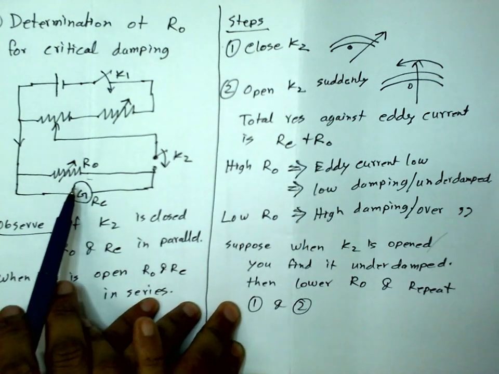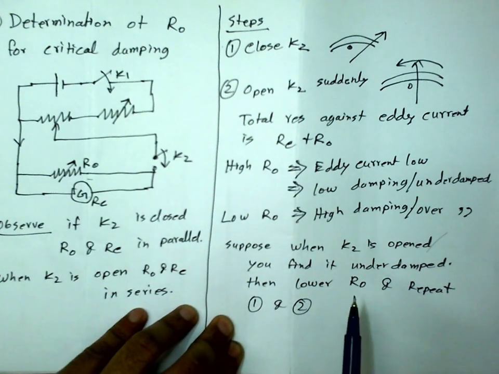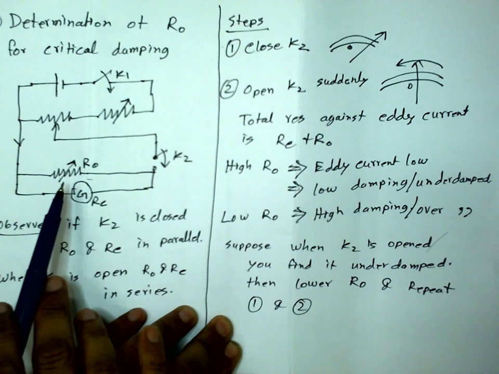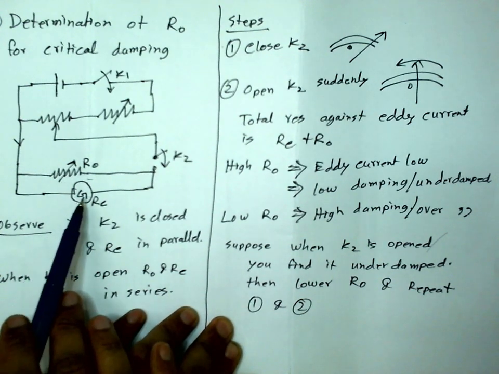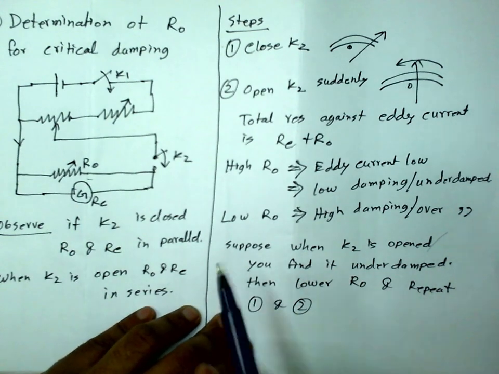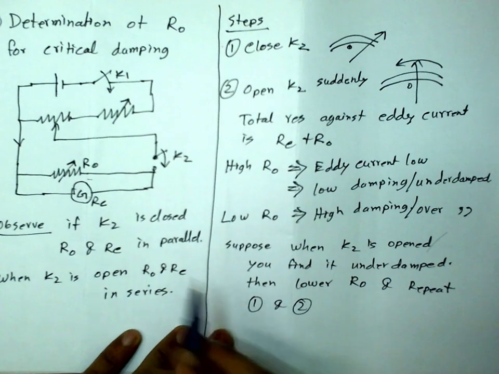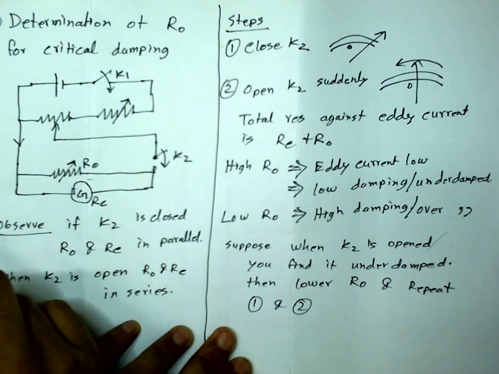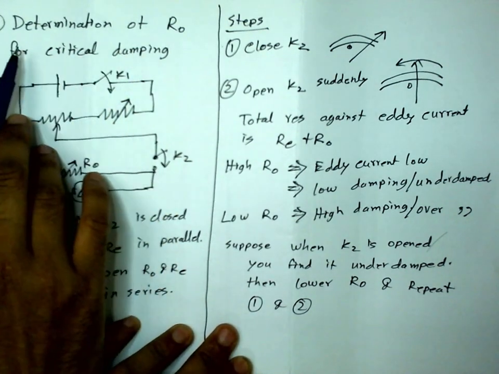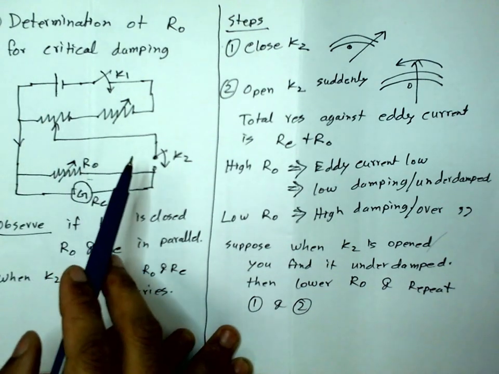Now if you see that this is still underdamped, you have to lower it again and repeat 1 and 2. Keep repeating this process until at some value you find that it is not oscillating anymore. You can then adjust RO a bit more finely, increase slightly, decrease slightly, and find the value of RO for critical damping. So that is how to determine the value of RO for critical damping.